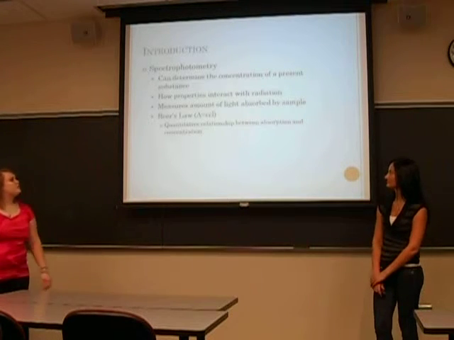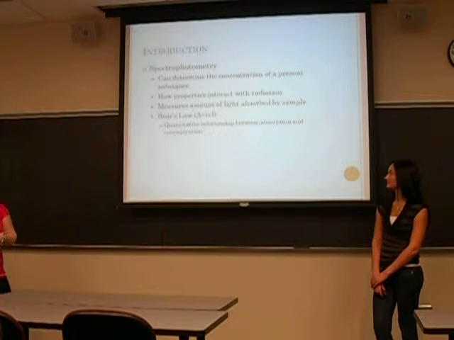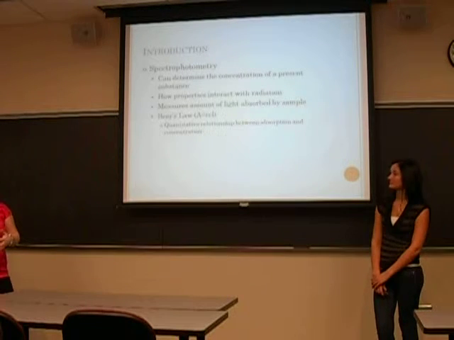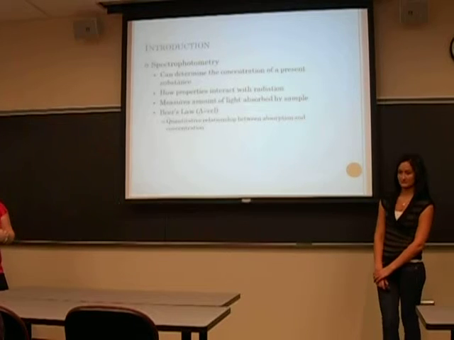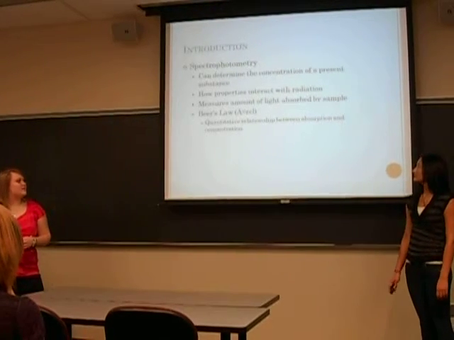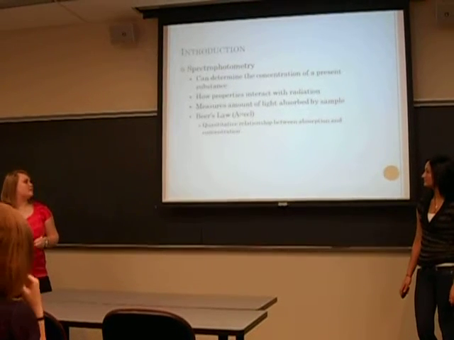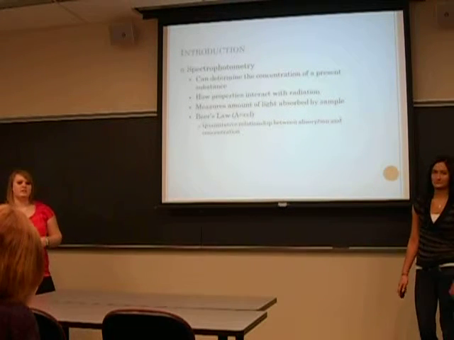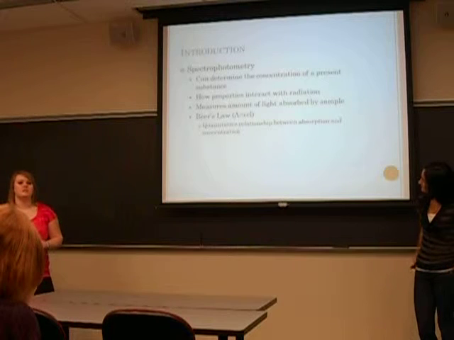So a spectrophotometer can determine the concentration of a present substance, how the properties interact with the radiation, so just how much light is absorbed by the substance, and here as well, A equals E times C times L, which is just the quantitative relationship between absorption and concentration.